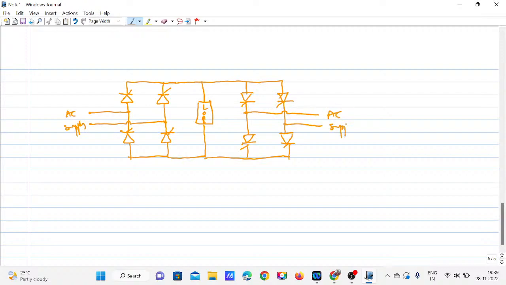This is also an AC supply. Both the supplies are the same only, and we are giving like this, and these are positive groups P1, P2. Then it should be N1, N2. If it is P3, P2, then it should be N3, N2. That's all. Very simple. Okay, so this is called the bridge configuration.